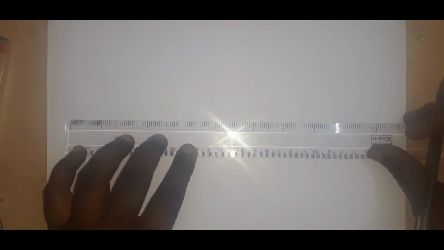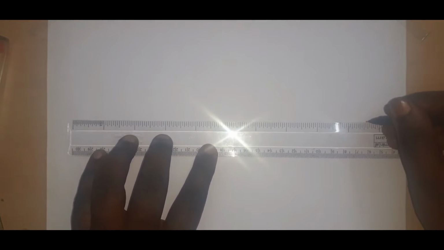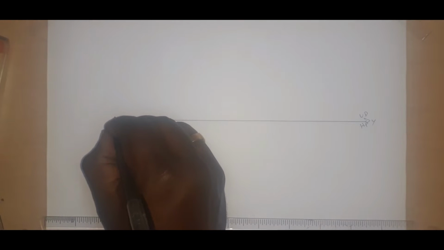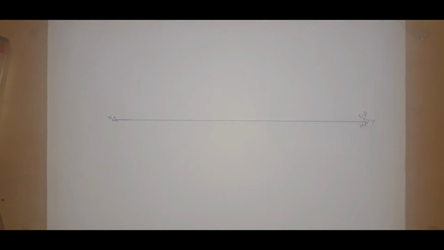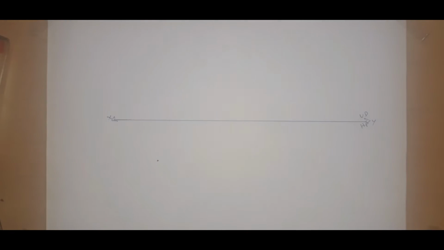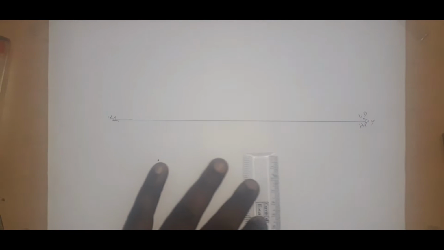First we can draw the XY line. I'll draw a lengthy XY line here. XY, VP and HP, and this is X. Okay, now just keeping this as the point, I'm going to draw the circle here. The circle diameter is 50 mm.